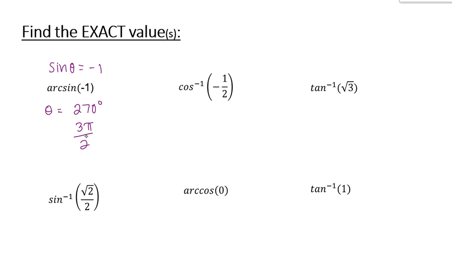The worksheet that goes with this is asking for the answers in radians to try and get you to go back and forth again. So I'm just going to write these down as I go, and some of them will be done for you. Next one, inverse cosine of -1/2. That means that the cosine of theta was equal to -1/2, and what I'm trying to find is the angle where that happened.